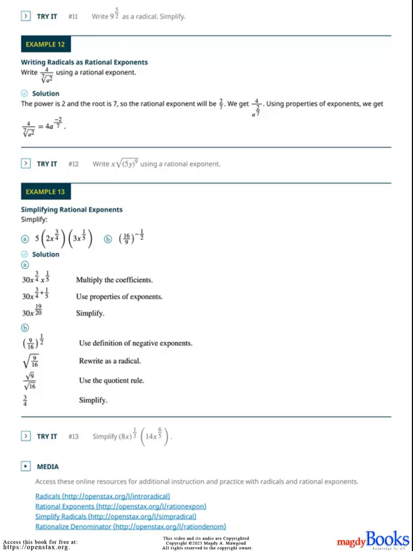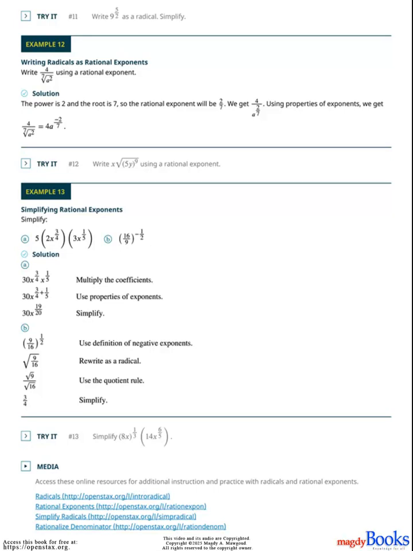Simplify. B. (16 over 9) to the power of negative 1 over 2 equals (9 over 16) to the power of 1 over 2. Use definition of negative exponents. Square root of 9 over 16. Rewrite as a radical.